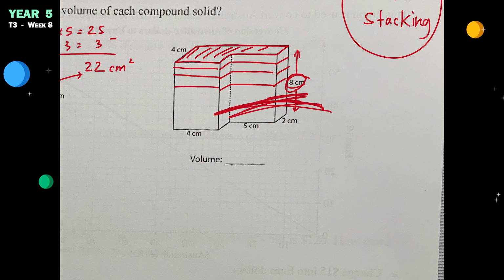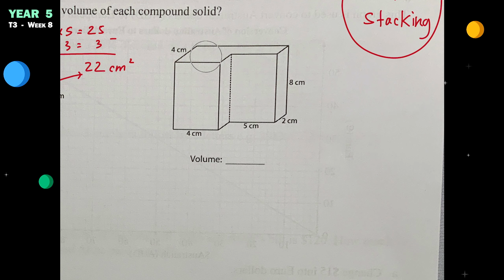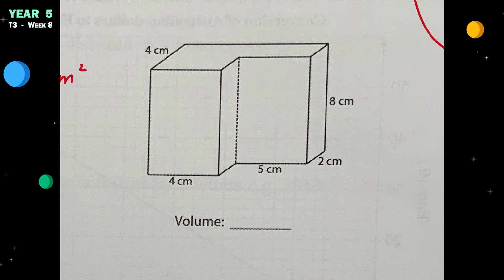Maybe I'll help you a little bit with the cross-section area, how to find the area of this. We know that you can divide this into 2 shapes. This is a 4 by 4, so that gives you 16. Now this is a 5 by 2. This is 5, so this must be 5. This is 2, this must be 2.